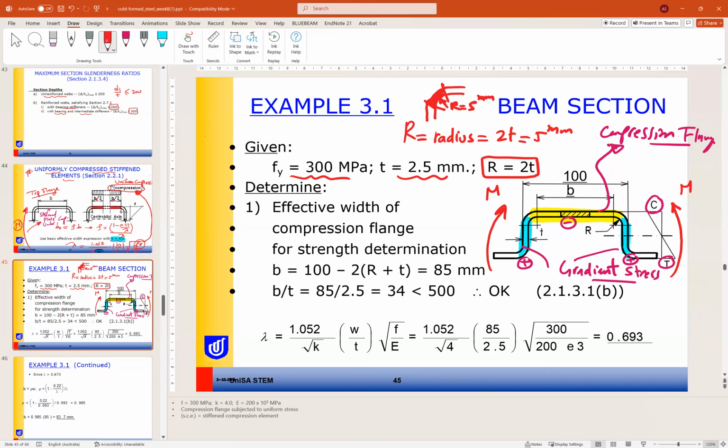Usually it is 5; here it is given as 2T. So we need to find the effective width of the compression flange for strength.